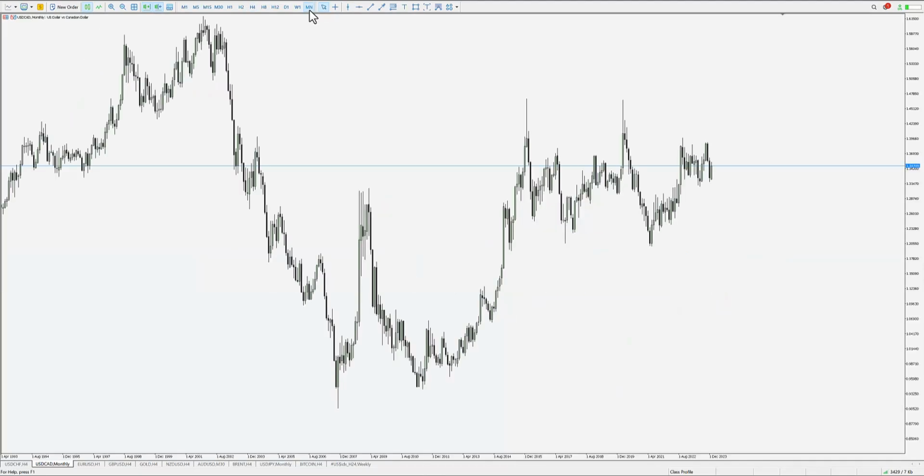Now, things that you have to take note of is that dollar is shrugging off, as in it's fighting, and it's probably winning the battle right now of interest rate cuts.